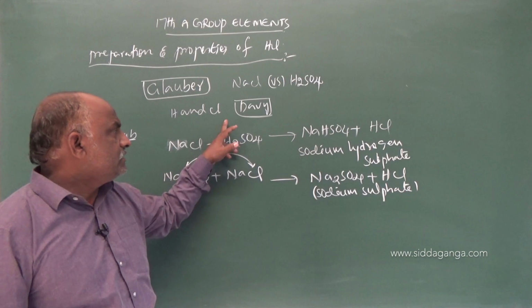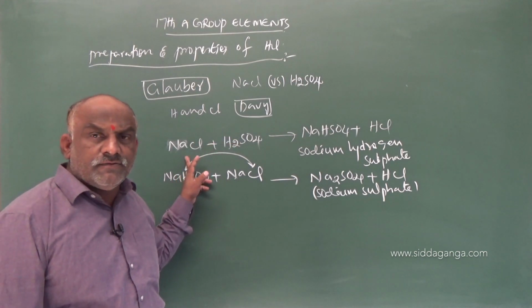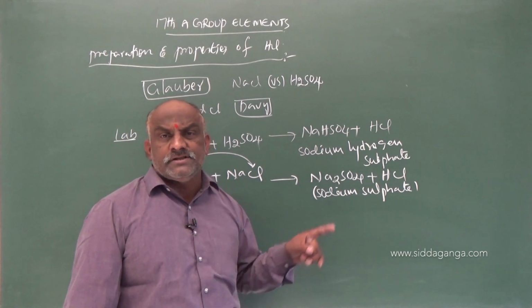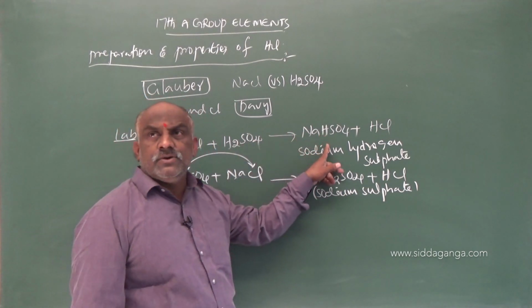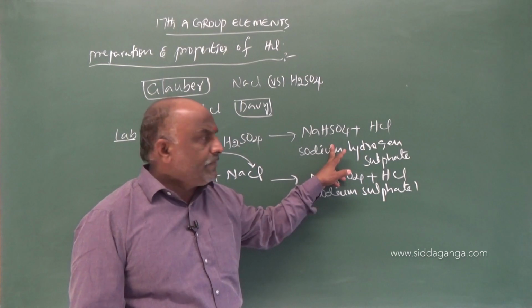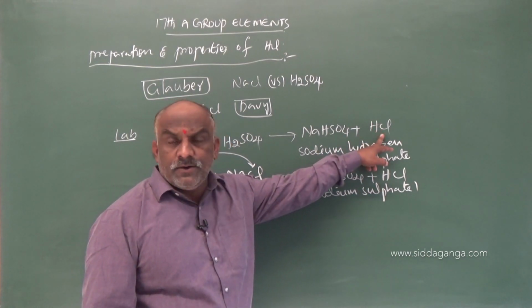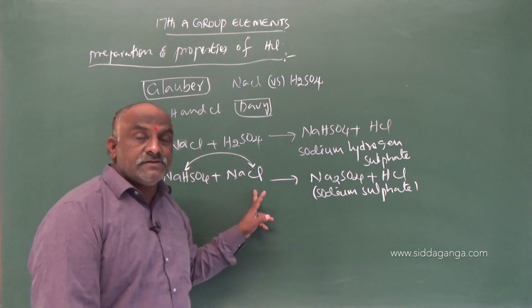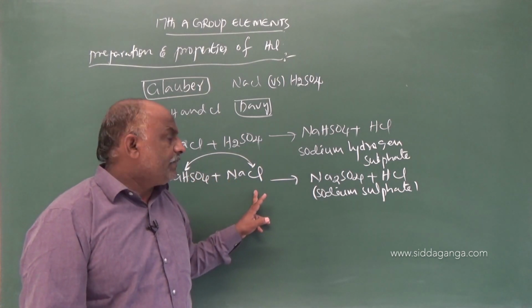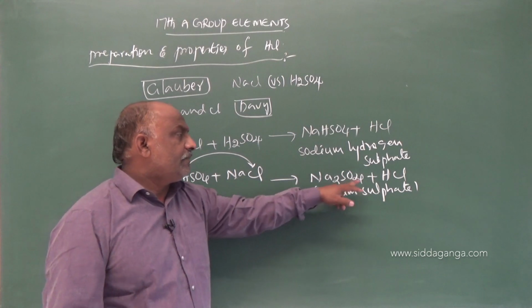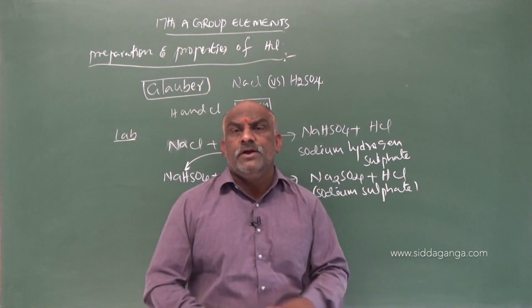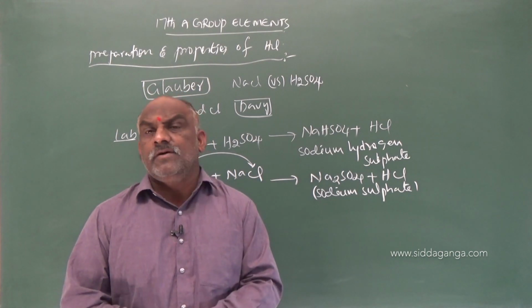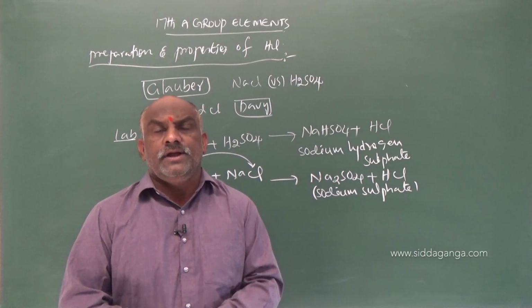Preparation of hydrochloric acid from rock salt and sulfuric acid: sodium chloride combined with sulfuric acid gives rise to sodium hydrogen sulfate and formation of hydrochloric acid. And sodium hydrogen sulfate again reacts with sodium chloride, gives rise to sodium sulfate, again formation of hydrochloric acid.